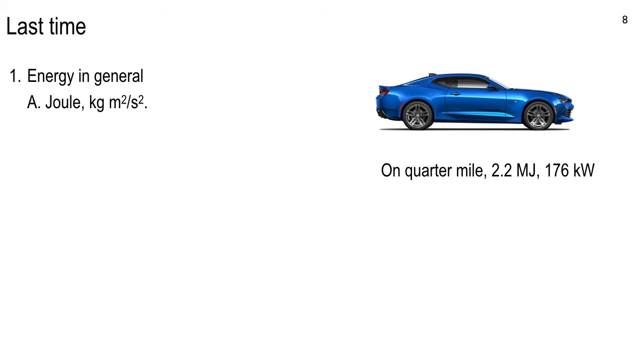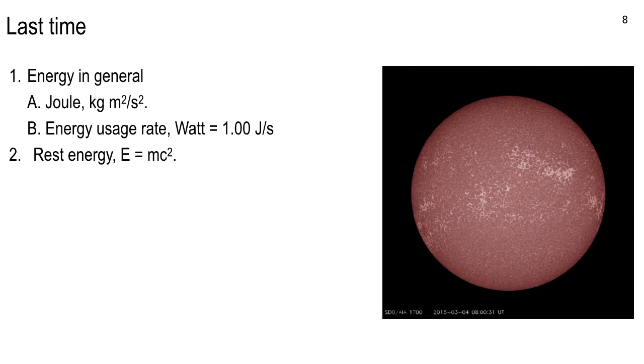We compared that to a hairdryer, 1.76 kilowatts. We also talked about the energy usage rate. A watt is basically 1 joule per second. We rate the luminosity of stars in watts, or we can compare it to the sun, a multiple of, twice as luminous as the sun, 0.8 times as luminous as the sun, stuff like that. But watts is definitely one of the luminosity measures.